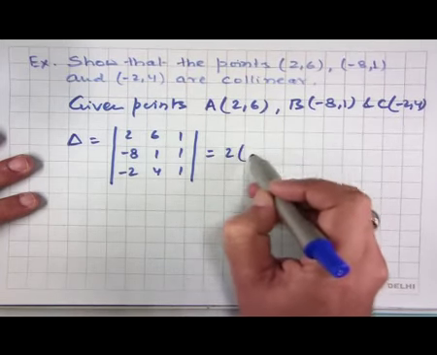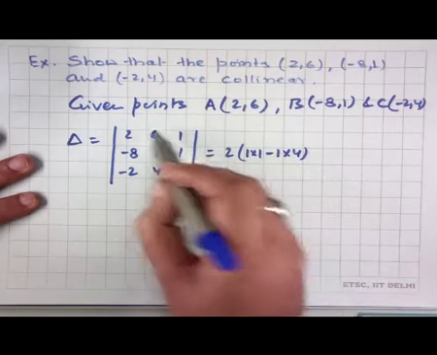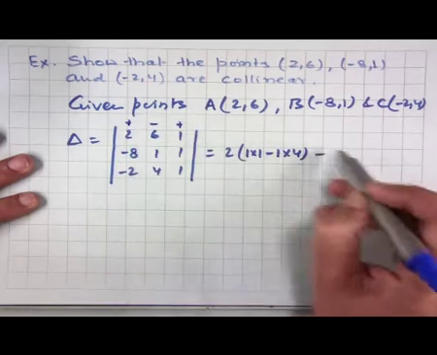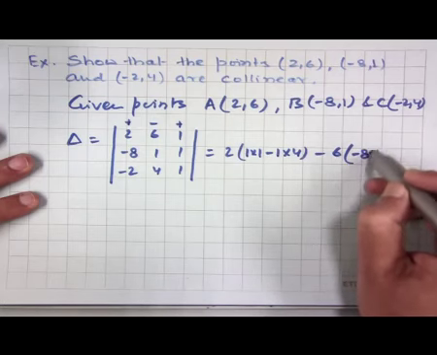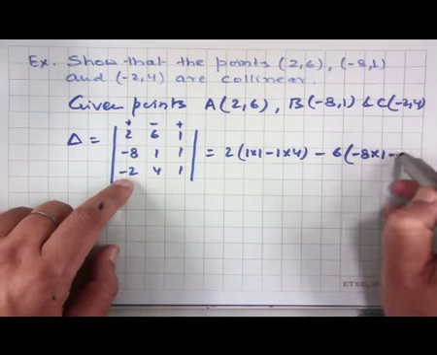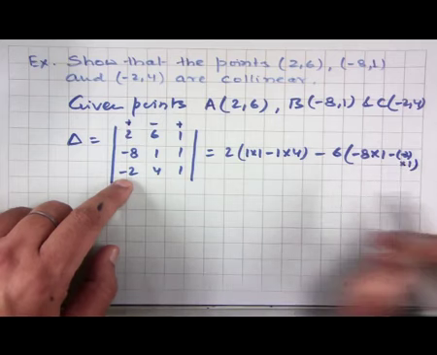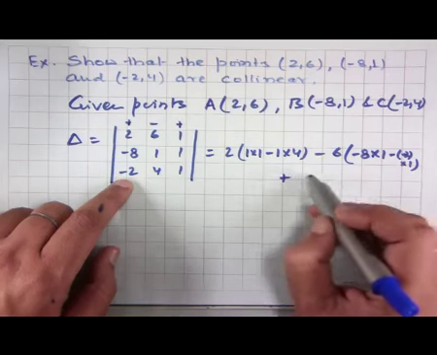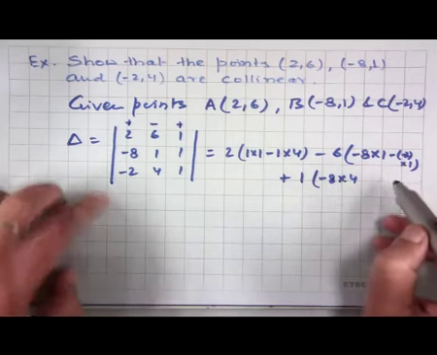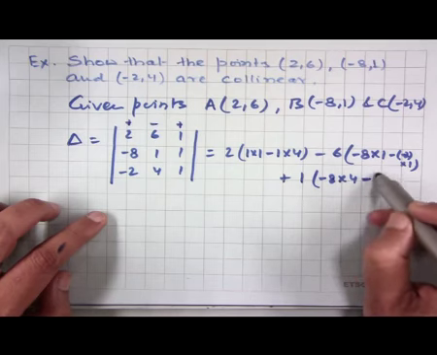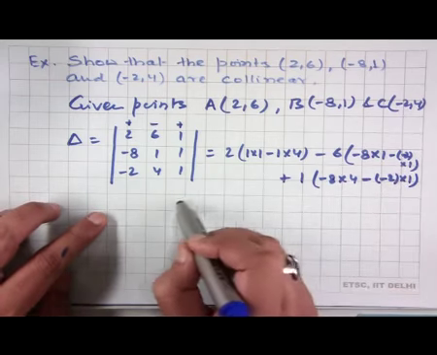So 2 into (1 into 1 minus 1 into 4), then plus minus minus 6 into (minus 8 into 1 and minus 2 into 1), plus 1 into (minus 8 into 4 and minus 2 into 1).